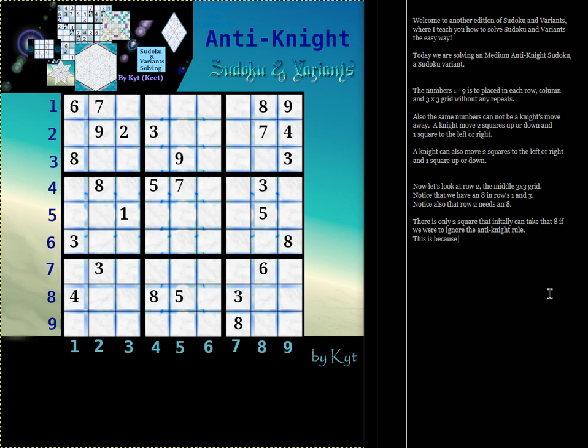This is because the first and the last 3x3 grids both have 8s in them already.